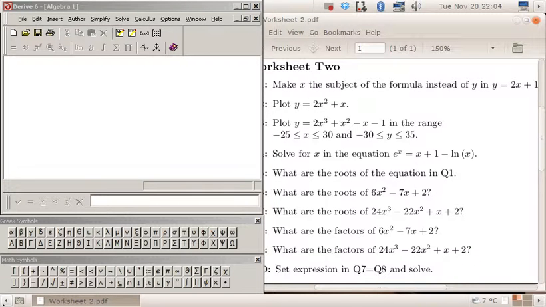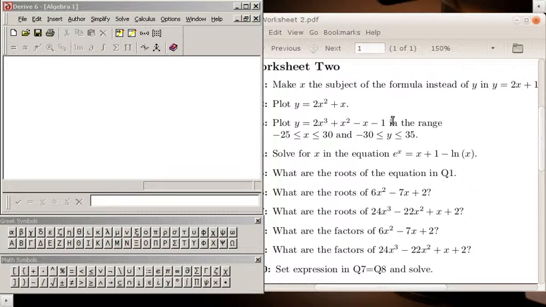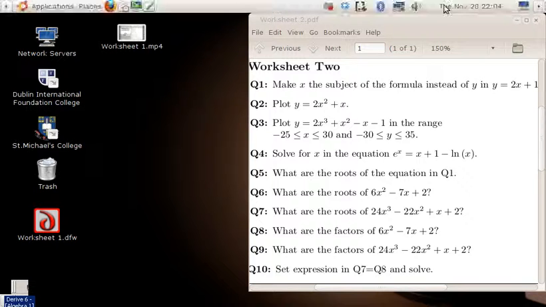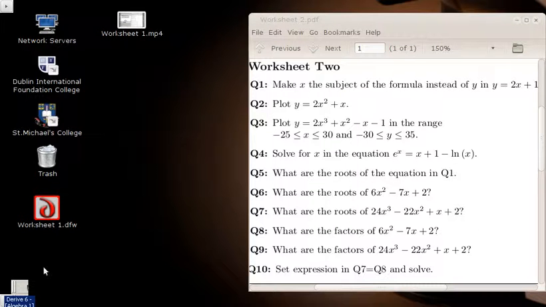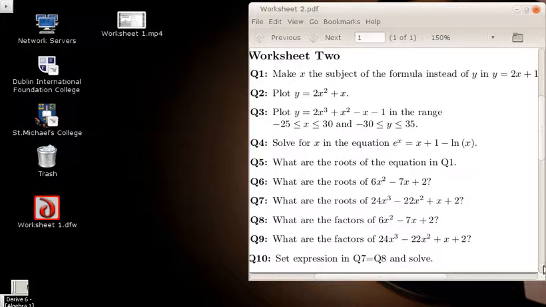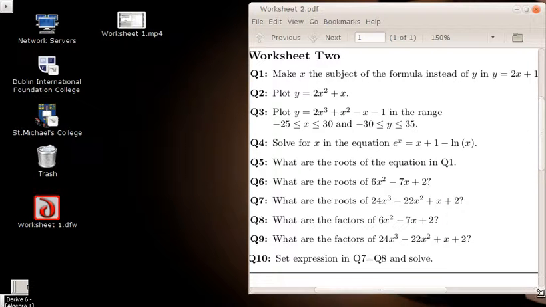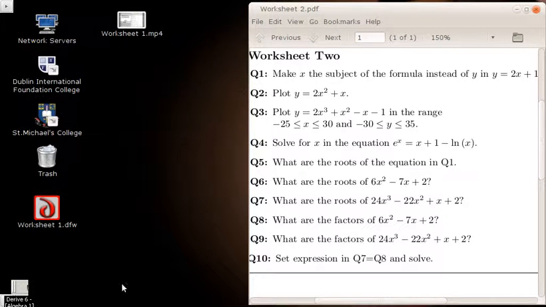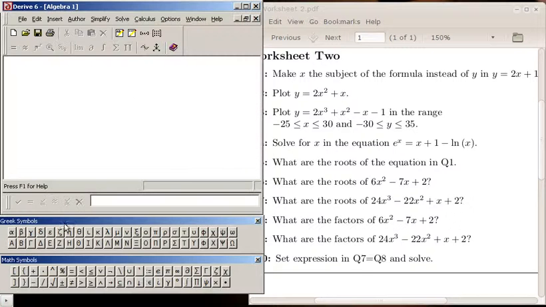Okay, now time for worksheet 2. So, question 1.